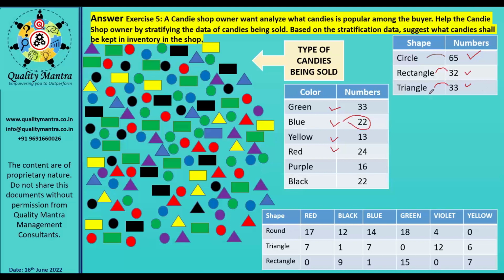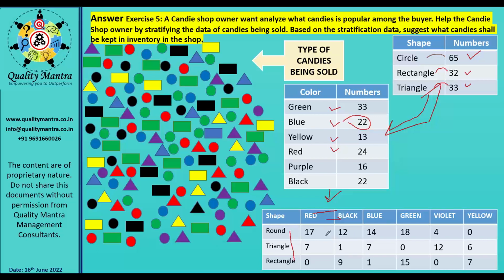So basically now if you combine these two stratified data, you will come to this. And here you will see the shape wise and the color wise data.